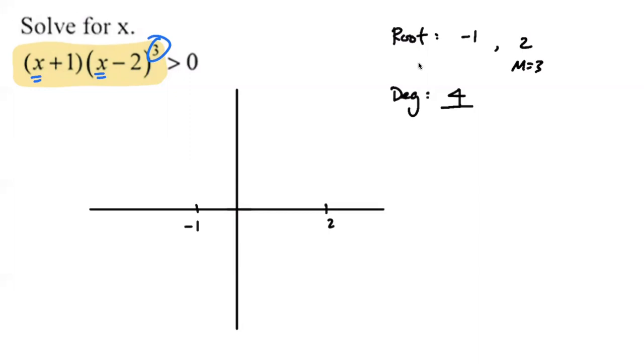And the sign of this polynomial is positive, since everything in the parentheses is x plus or minus something, and there's no negative number in front of the factors. So we just say, let's go ahead with a positive sign. Because it's a 4th degree, it is a positive sign for the leading coefficient.